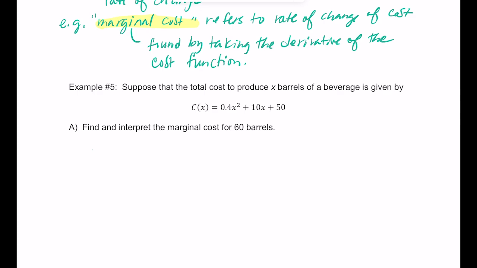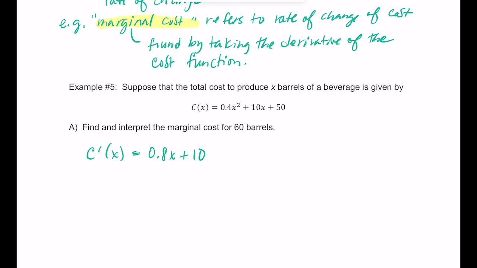So I need to find C prime of x, which we know we're just going to use our power rule. So we've got 2 times 0.4, which is 0.8, and then I'm going to subtract 1 from the exponent, and then the derivative of 10x is just 10, right? Because it's 1 times 10, and then x to the 0, which is 1, so 10 times 1 is just 10.